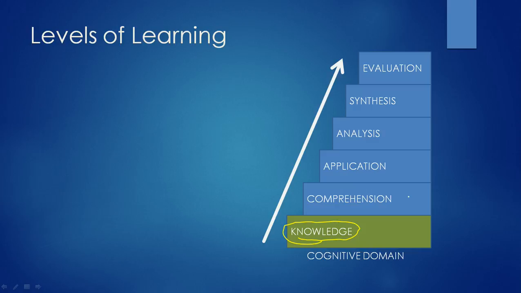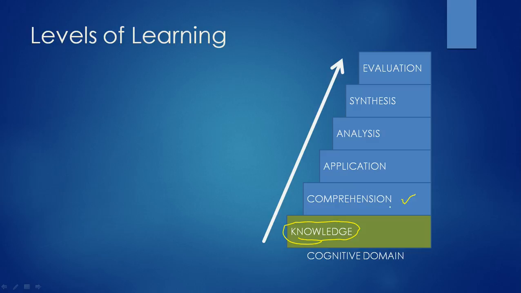So the next one is comprehension. Comprehension is defined as the ability to grasp the meaning of material. When you get to this first level here, it means you actually begin to understand the material. You could recite a Bible verse from knowledge, but not have any idea what it means. But when you get to comprehension, this is where you begin to understand what it says.